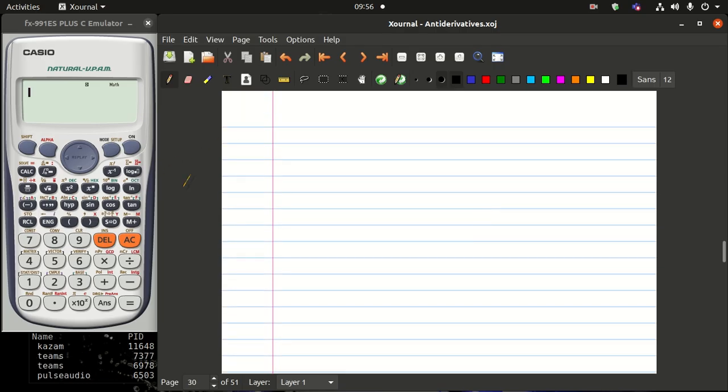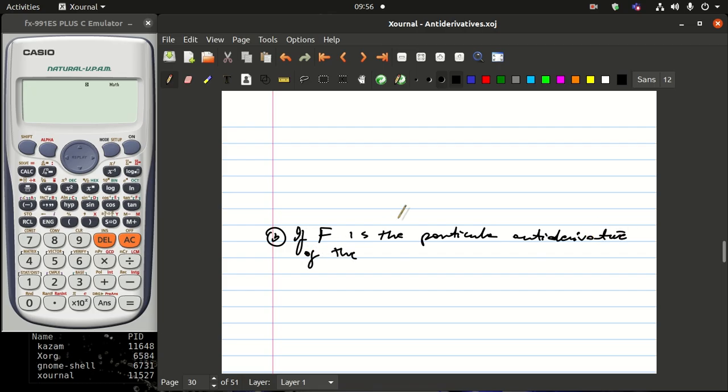And then the second question here, which is going to be B, is saying if f is a particular antiderivative of the function y is equal to x, evaluate.